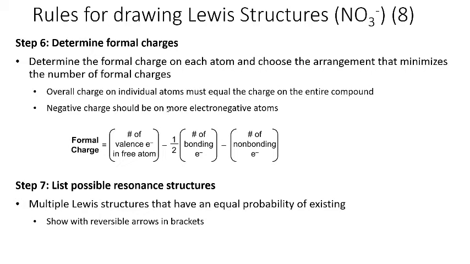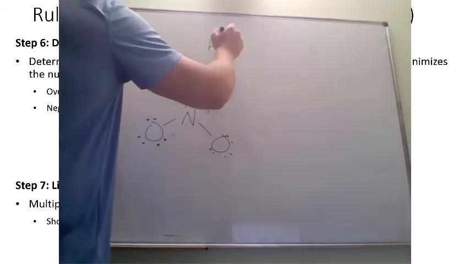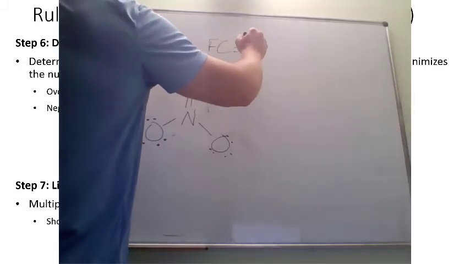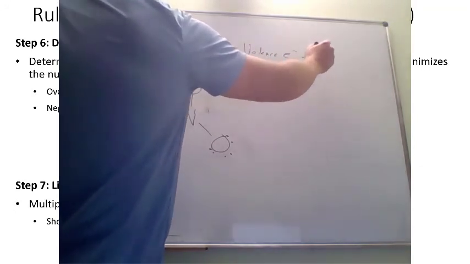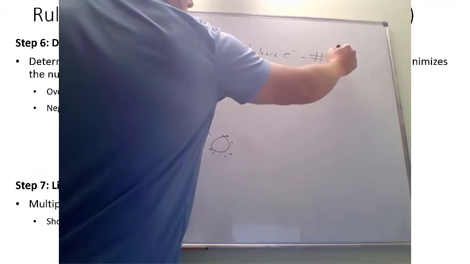So instead of the sort of convoluted equation of half the bonding electrons, my simplified equation is the formal charge is equal to the valence electrons minus the number of markings.